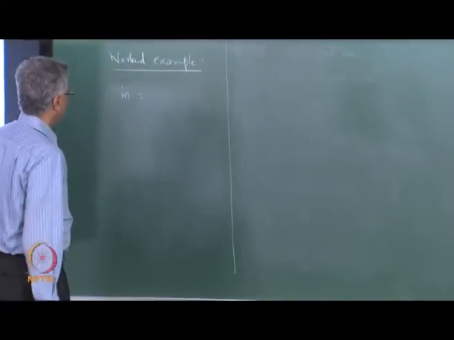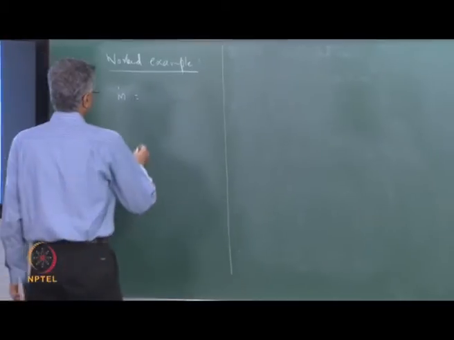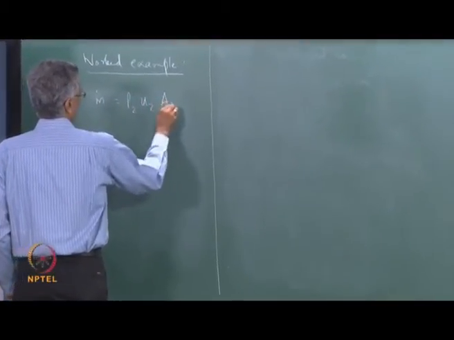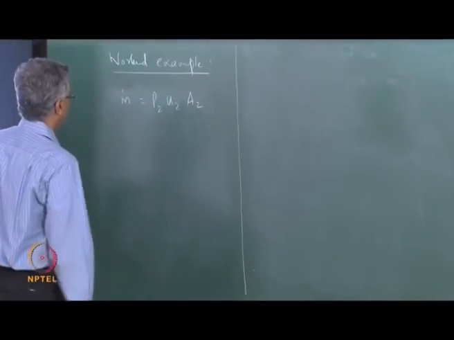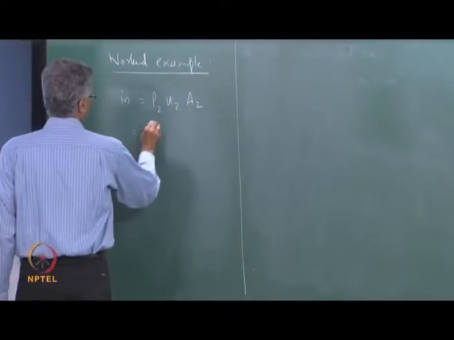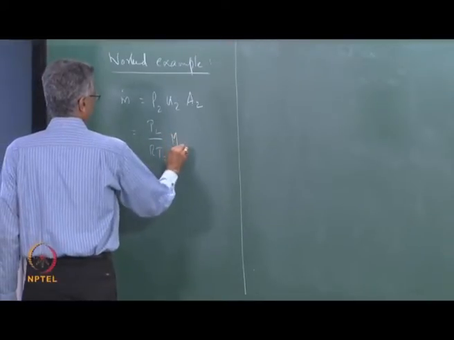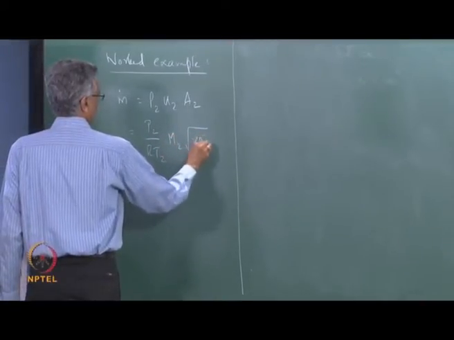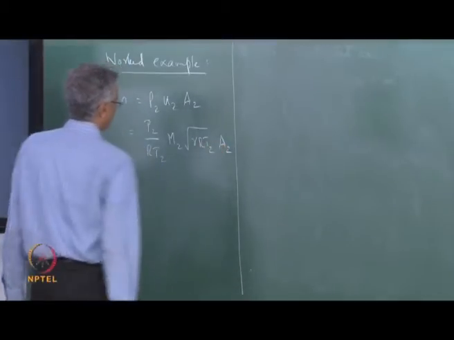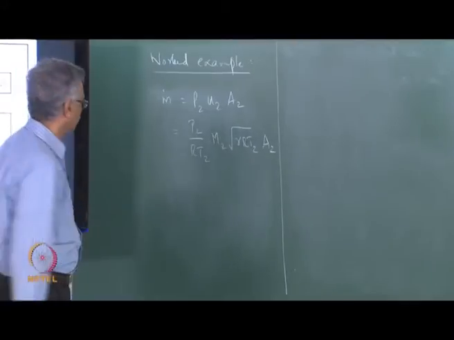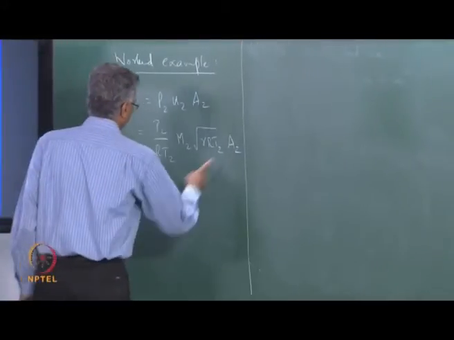So, m dot at the entry to the internal compression is rho 2 times U2 times A2, and rho 2 once again can be written as P2 over RT2, and this can be written as M2 times square root of gamma RT2 times A2. M dot is the same as the capture mass flow rate. So, m dot is equal to 10 kg per second.